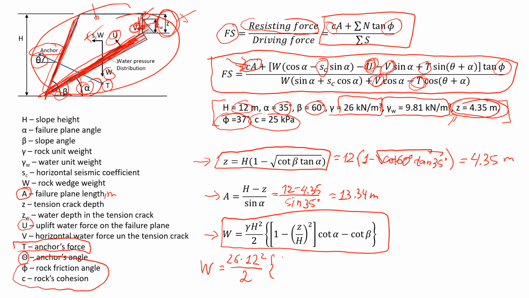Then we have here 1 minus the ratio of the crack length, which is 4.35, divided by the height of the slope, 12, to the power of 2. And here we have times cotangent alpha, which is 35 degrees, minus cotangent beta, which is the slope angle, and it's 60 degrees.